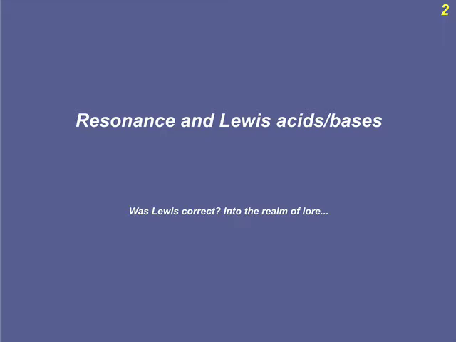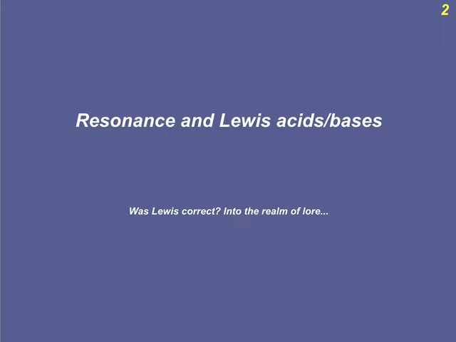Meaning, we've spent a bit of time talking about Lewis theory and Lewis structures, and resonance theory kind of plays into that. But we're going to start looking at more complicated structures that maybe suggest that the picture that Lewis presented us in his theory was maybe a little bit too simplistic.